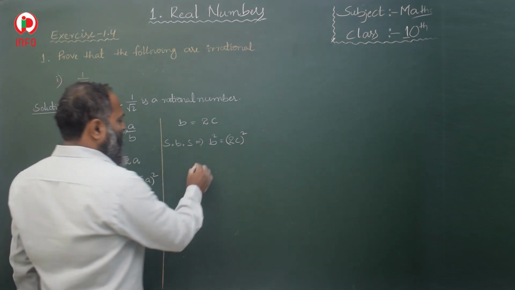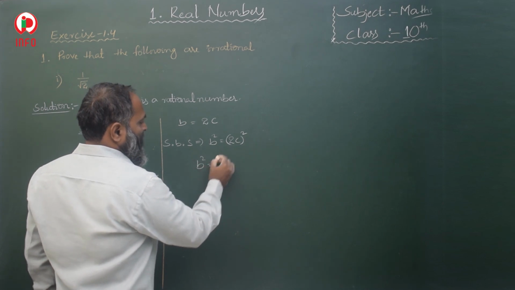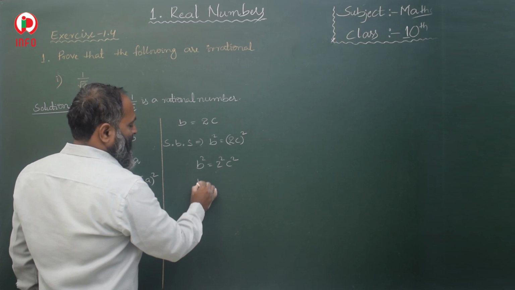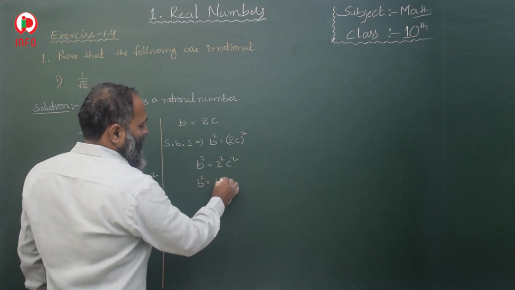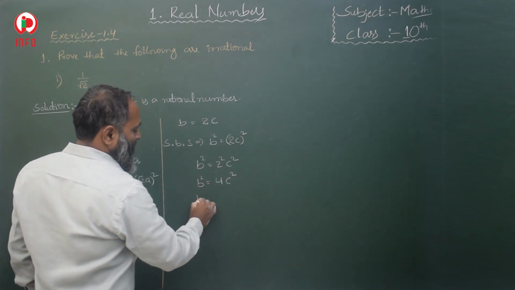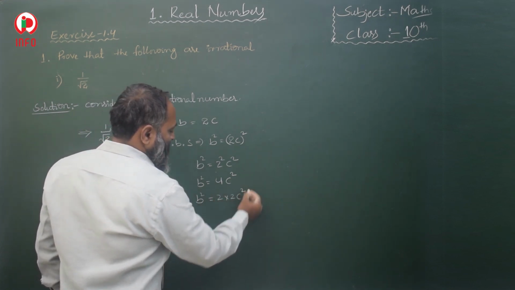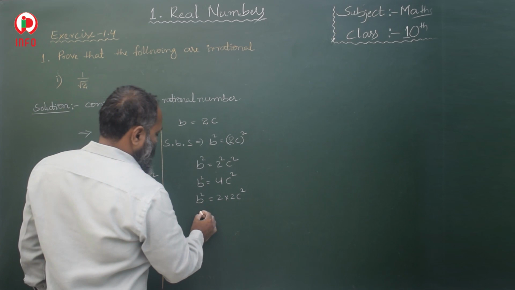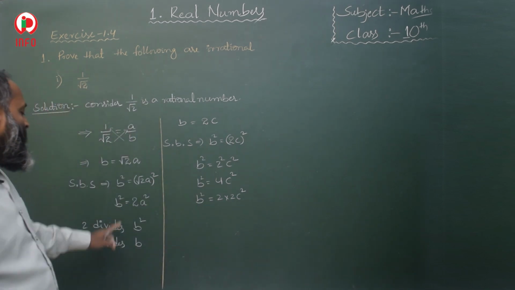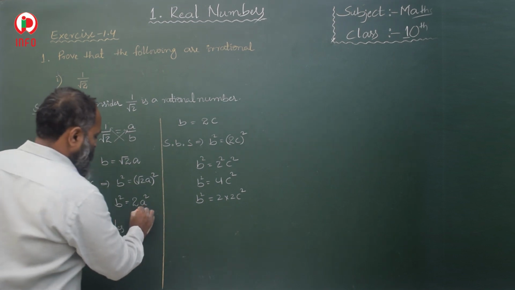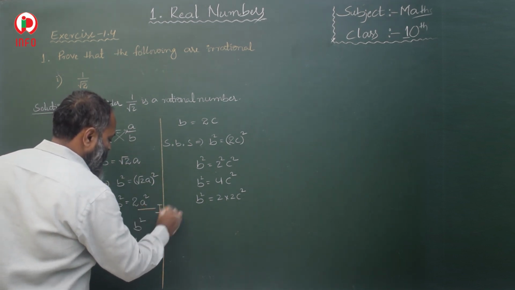Now 2c whole square means 2 square and c square. 2 square is 4, so b square is 4c square, which is 2 into 2c square. And b square is equal to 2a square, so this is the first equation.